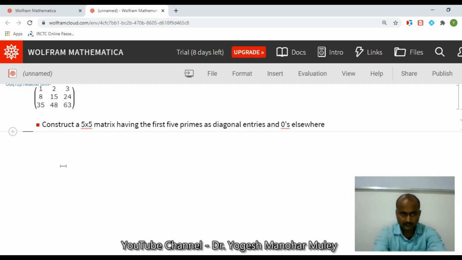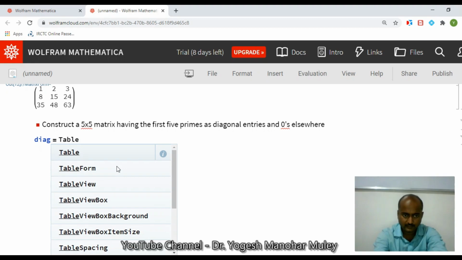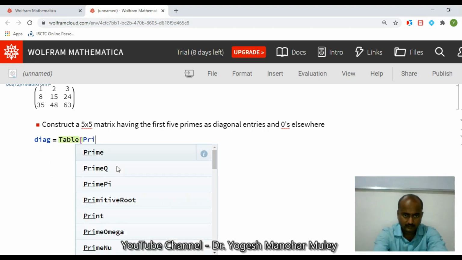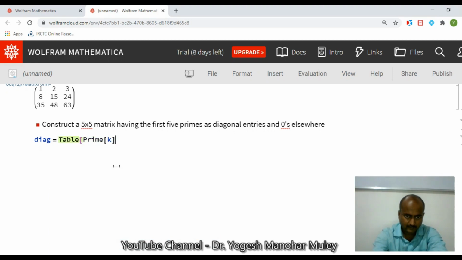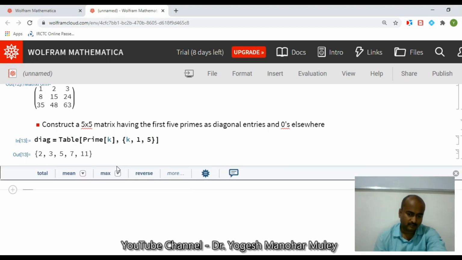So I'll write here a variable, diagonal, and I will write here Table. We are going to create a table, and in this table I am going to find Prime of k, and k is having a range from 1 to 5. So we are going to search the first 5 prime numbers. So this will give us a list of the first 5 prime numbers.